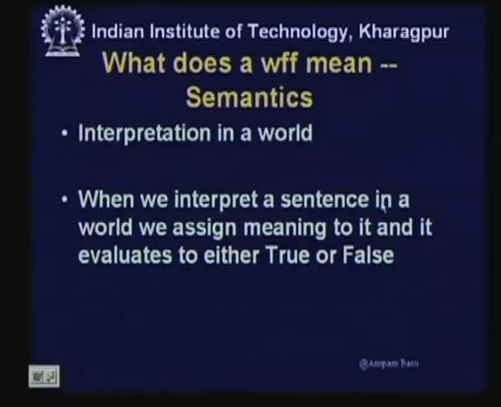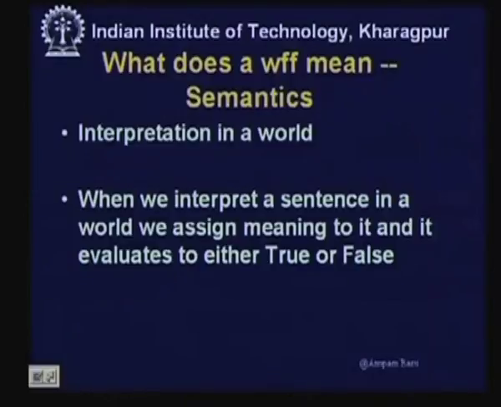When we interpret a sentence in a particular world, the world can be the world of a football match, the world of a cricket match, the world of a picnic, the world of a classroom. All these things are different worlds, and each of these worlds has some known relations, some known functions, and there are some interpretations that we give in the particular world.